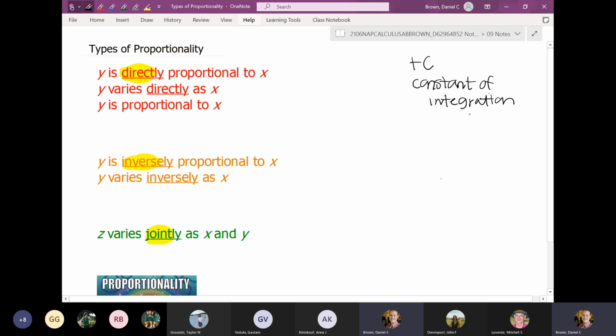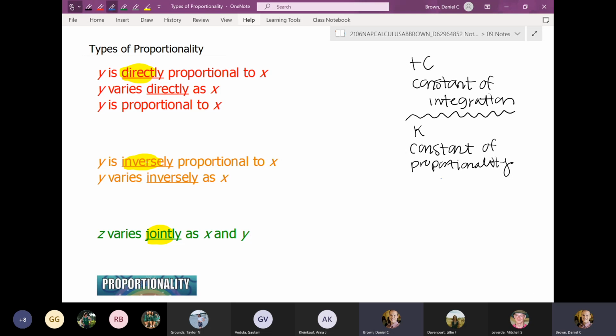We're going to have another constant, which is k, and it's going to be called the constant of proportionality. Which is just a fancy way of talking about how the two variables are related to each other. In many ways, it is going to be a lot like a scale factor. Like, how are they going to be related to each other?